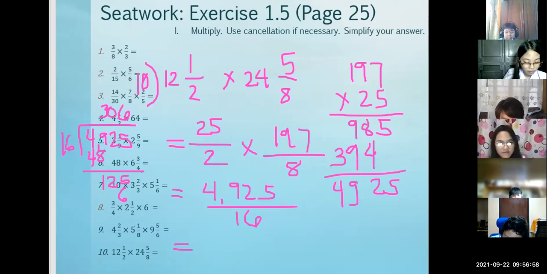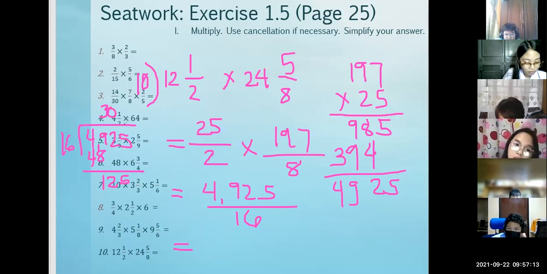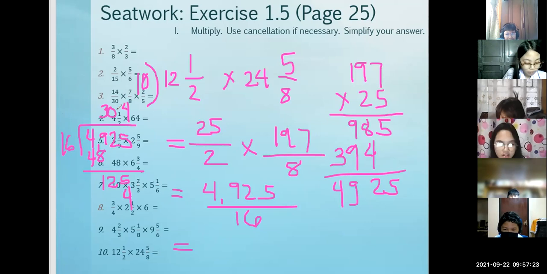I know, it's not 6. Try natin plus 24. Ay, hindi.